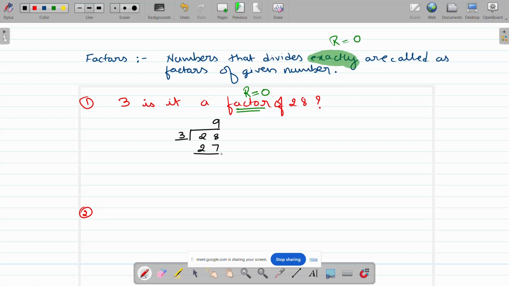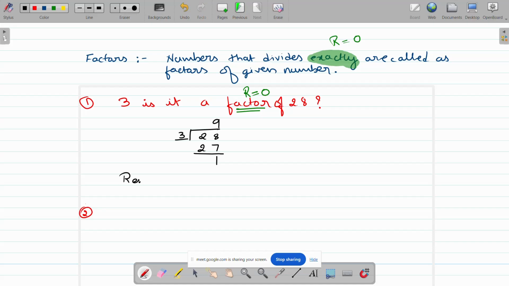Now look at that. After dividing 28 by 3, we got a remainder of 1. Only if the remainder is equal to 0 will we call 3 a factor of 28. But here we got a remainder of 1, so the remainder is not equal to 0. Therefore, we call 3 not a factor of 28.